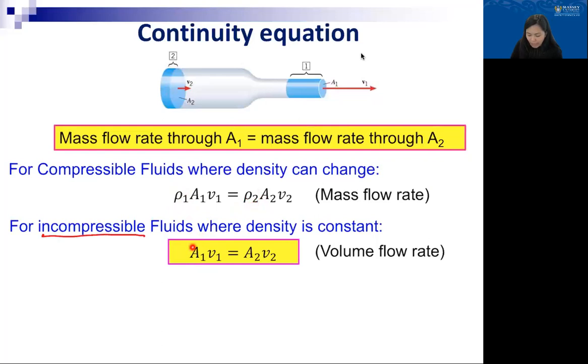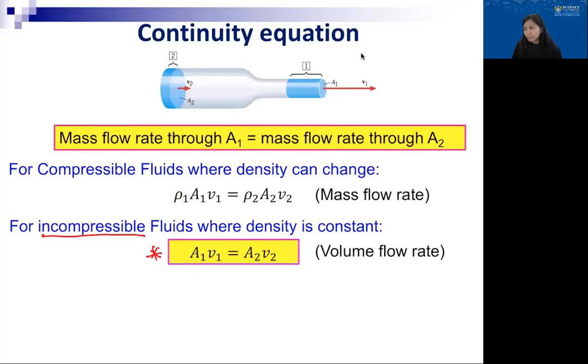And so you only have this relationship between the cross-sectional area and the speed of the fluid at one part of the pipe and at another part of the pipe. Okay. So this form of the continuity equation is probably what we will be using quite a lot in this course, where we consider incompressible fluids.